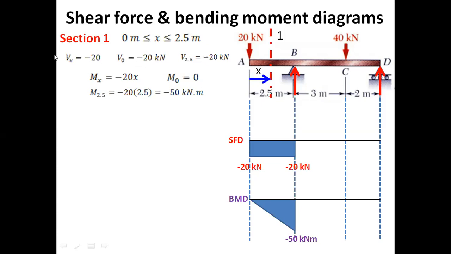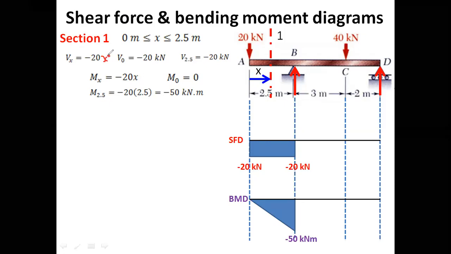Actually, this equation is a zero order equation. Why is it a zero order equation? Because here we have x raised to power 0. X raised to power 0 is 1.